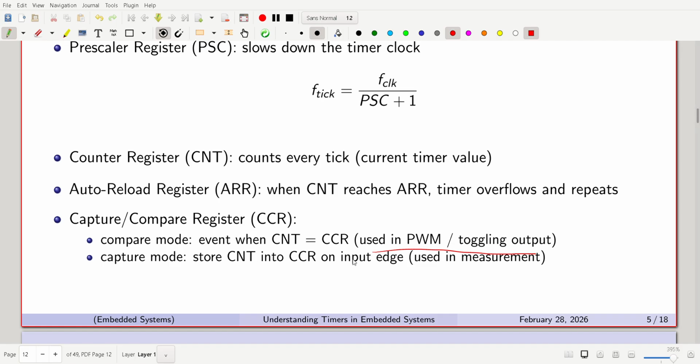Capture mode stores CNT, the counter register, into the CCR on an input edge, used for measurement. Those are the differences between compare mode and capture mode.